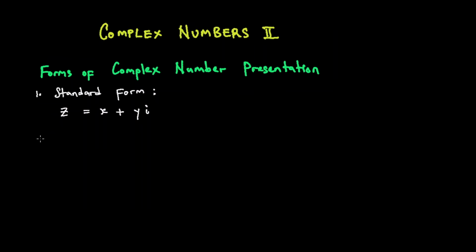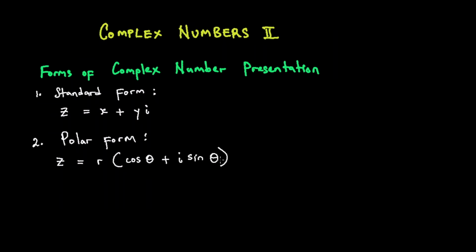From there we are going to go to what we refer to as the polar form. When we say polar form, what are we referring to? The complex number z is equal to r, then we put a bracket, cos theta plus i sine theta. This is what we refer to as the polar form.